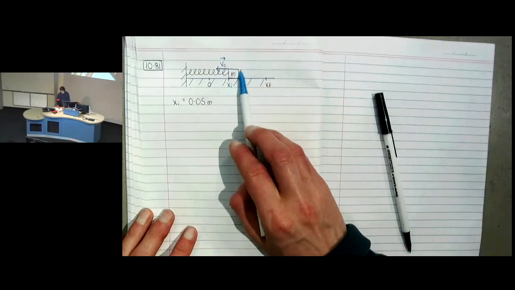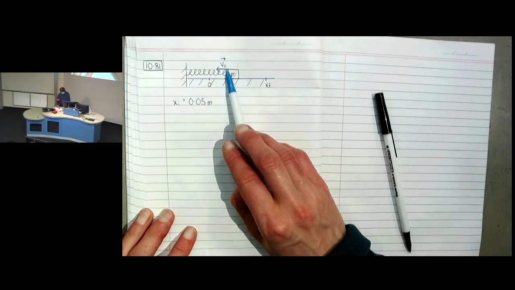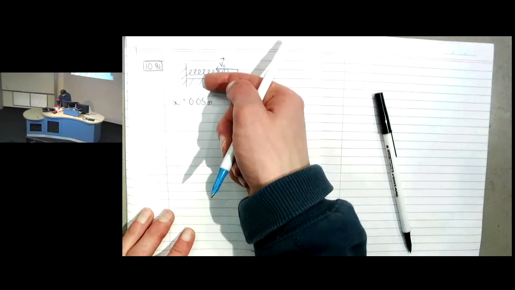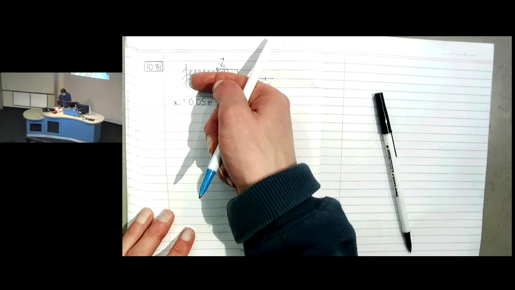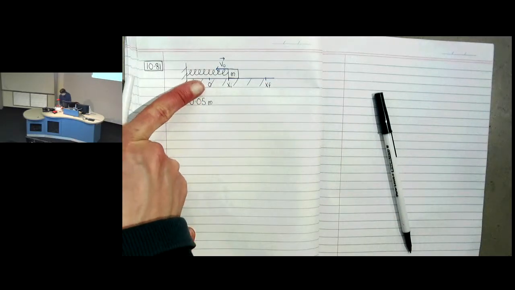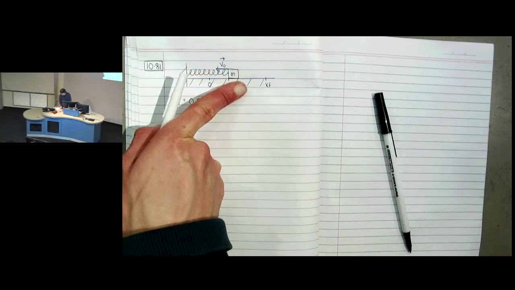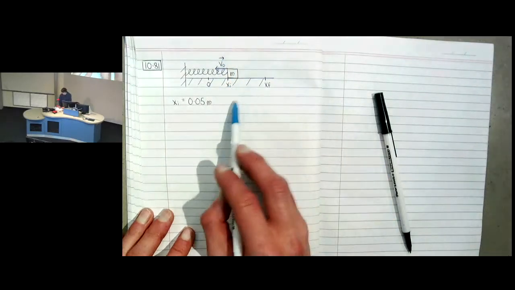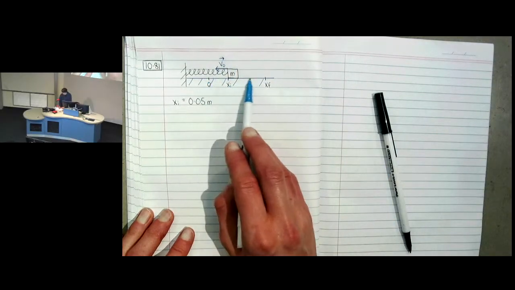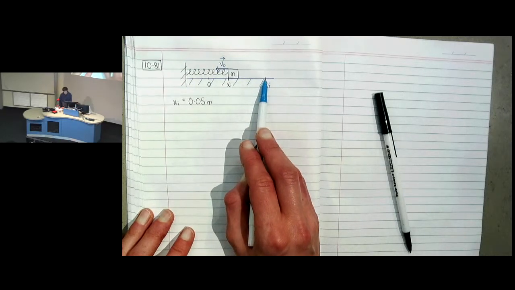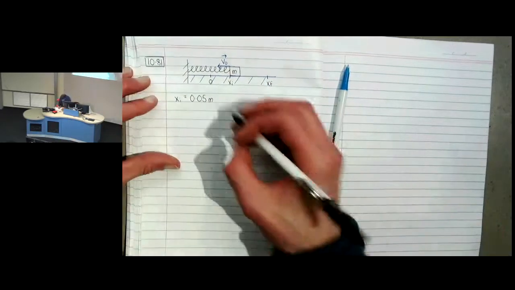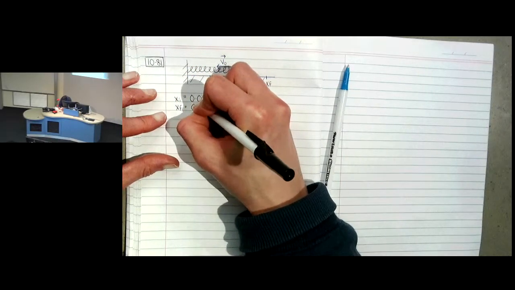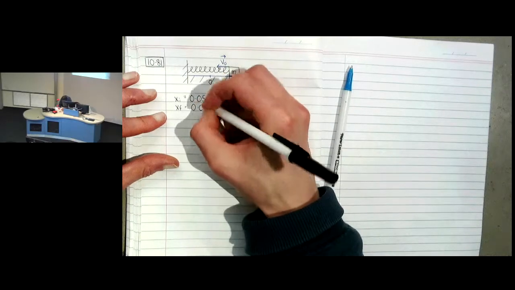And the question is asking us to figure out what this VO has to be in order that after the block has travelled all the way this way and come to a momentary rest and then started moving back this way again, the block travels all the way out here to a new position xf, which is 0.08 meters away from this equilibrium position.